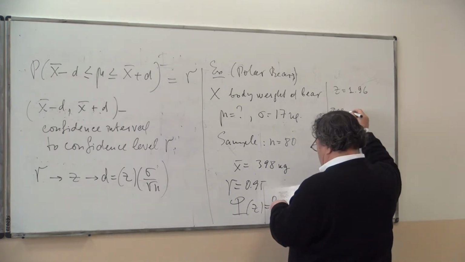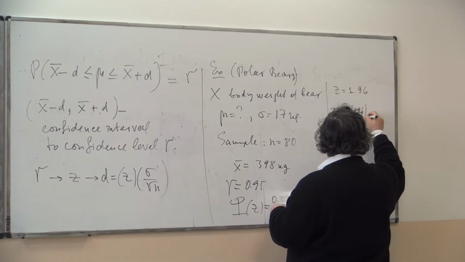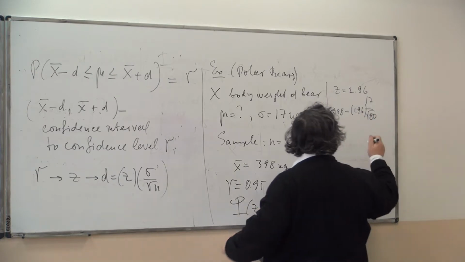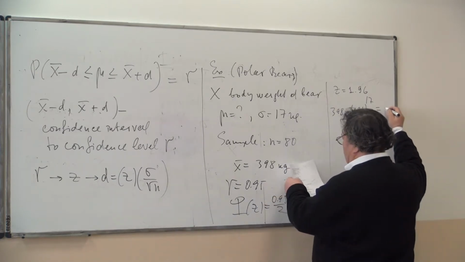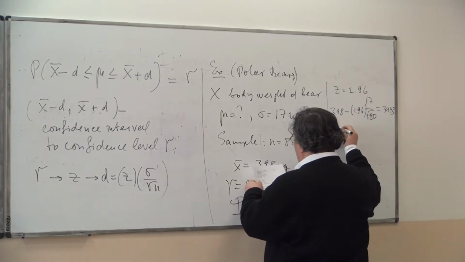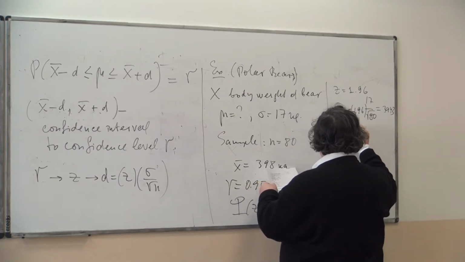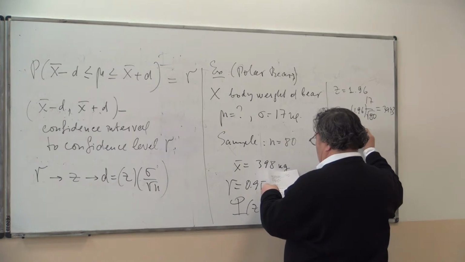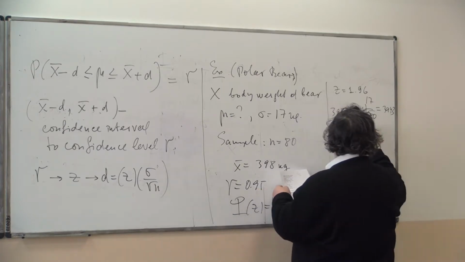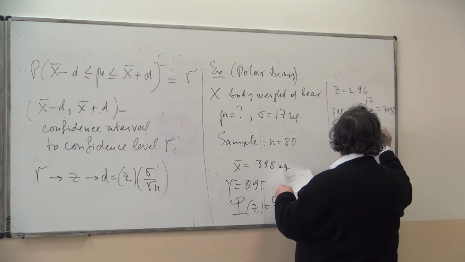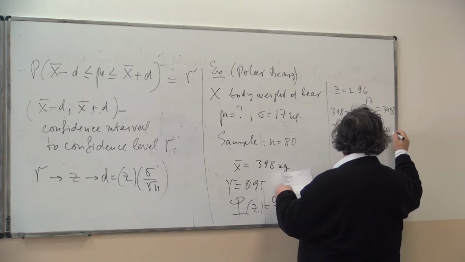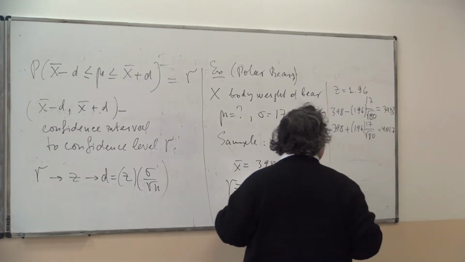398 minus 1.96 times 17 over the square root of 80 is equal to 394.3, and 398 plus 1.96 times 17 over the square root of 80 equals 401.7.